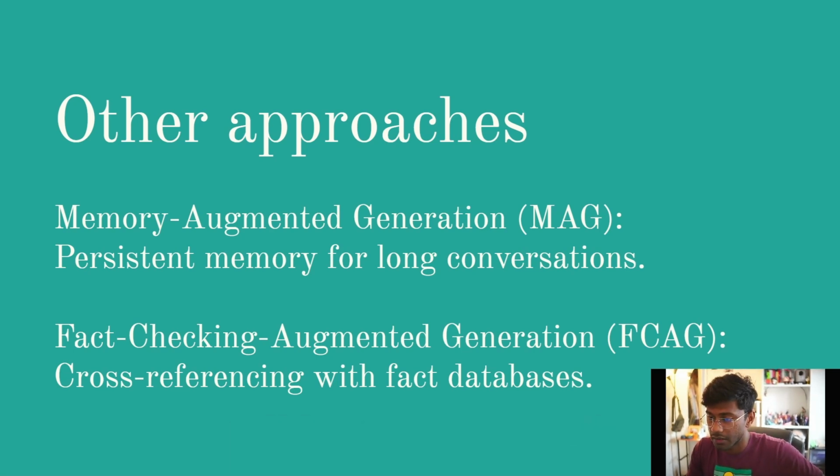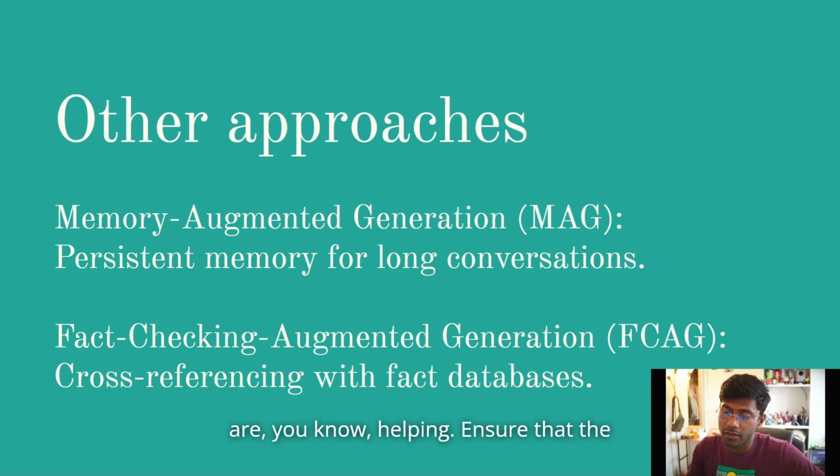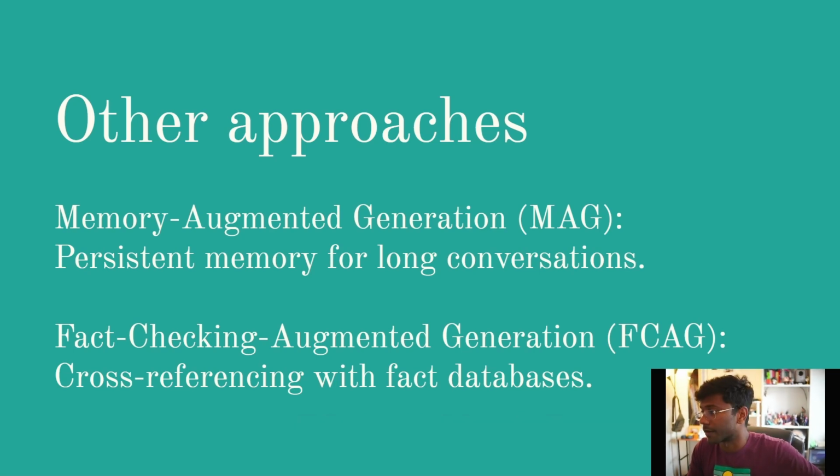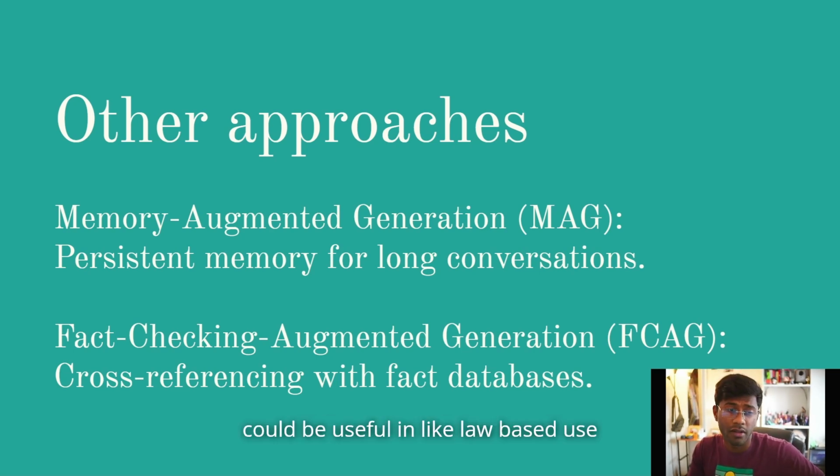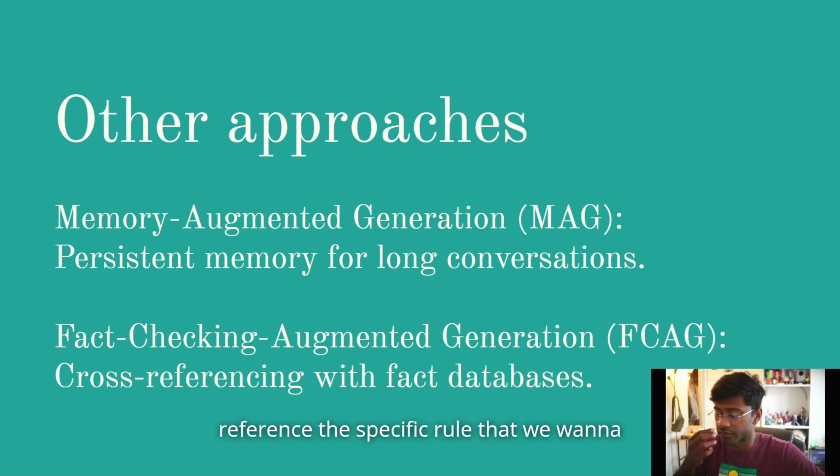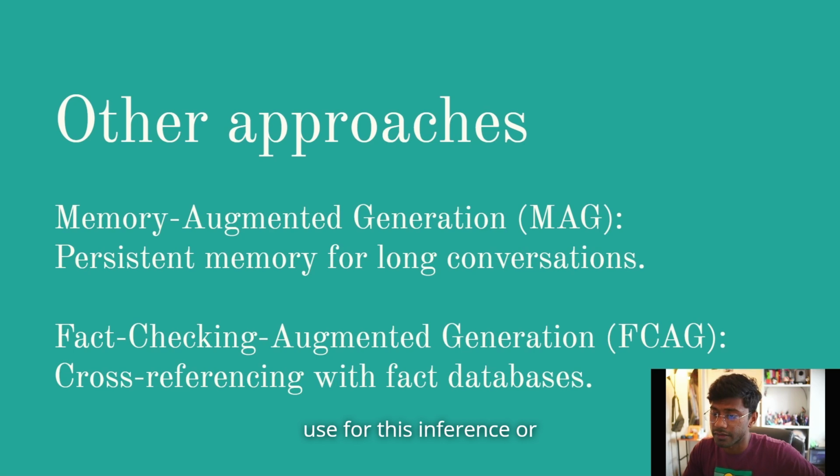And with fact checking, the pros are helping ensure that the responses are grounded in the verified facts that we provide, and it increases credibility in critical domains. It could be useful in law-based use cases, where we can directly reference the specific rule that we want to use for this inference or view. We can also provide these sources for the claims that the LLM makes.